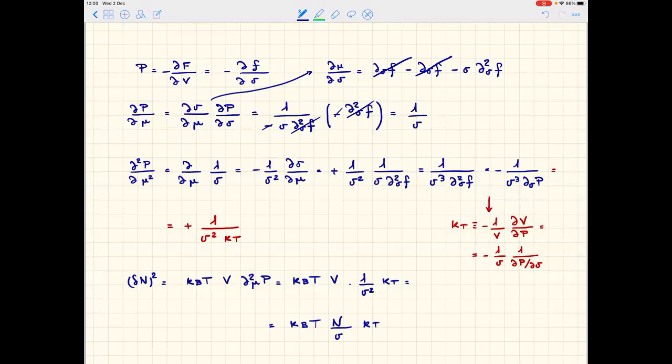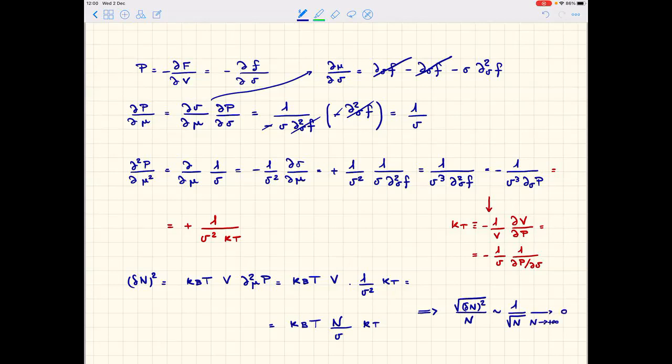So what we see from this expression is that the fluctuations in the number of particles is proportional to the number of particles themselves, and therefore the square root of delta N squared divided by N is going to go like 1 over square root of N, and therefore in the limit of N going to infinity is going to go to 0.